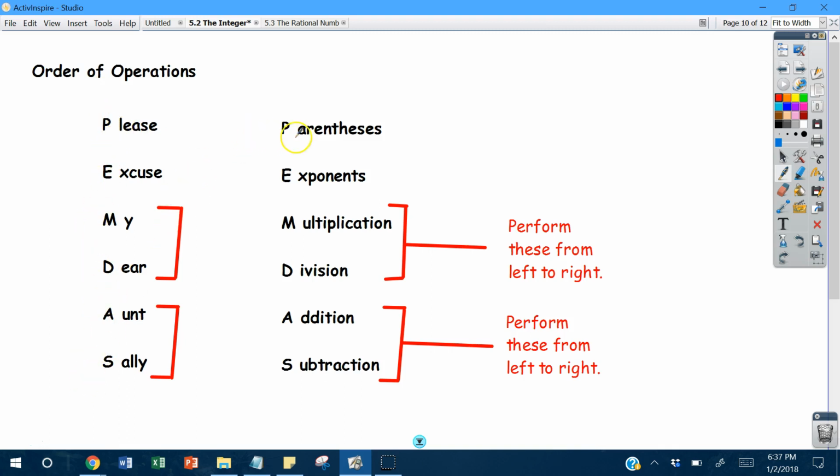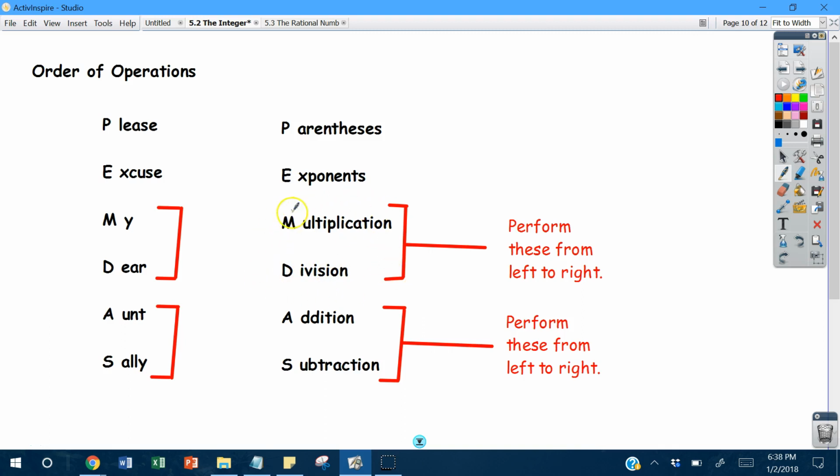What that means is we're going to tackle anything in parentheses first, and then we're going to tackle any sort of exponents we see, and then we'll do multiplication and division, and it kind of depends which one to do first. It's not exactly multiplication always first or division always first, but we actually tackle these about the same time. My side note is we'll perform these from left to right, and I'll show you what I mean by that. But just because we put M in front of D doesn't mean that there won't be a case where we divide first.